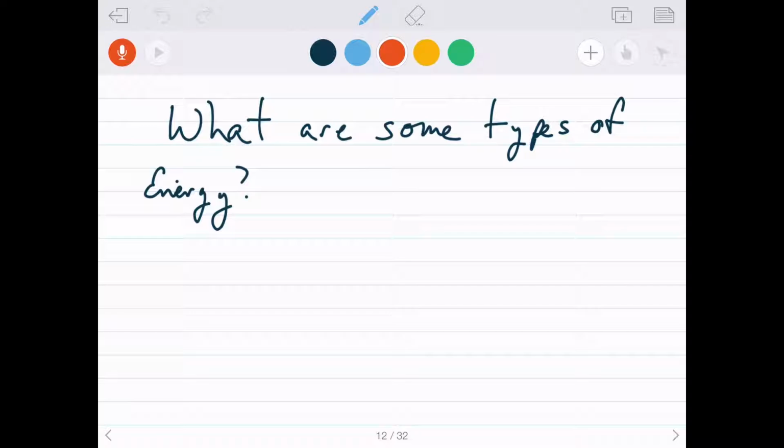So before we get into what that translates into visually, what are some types of energy that we're familiar with? Just throw out some in your brain, pause it, write some in your notes. So let's think. Electrical energy.